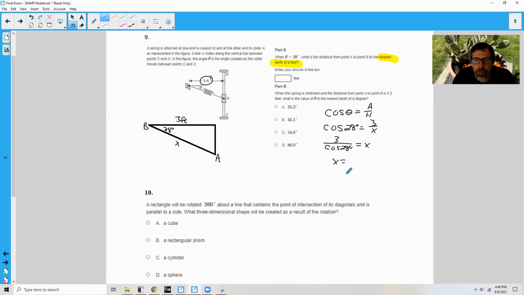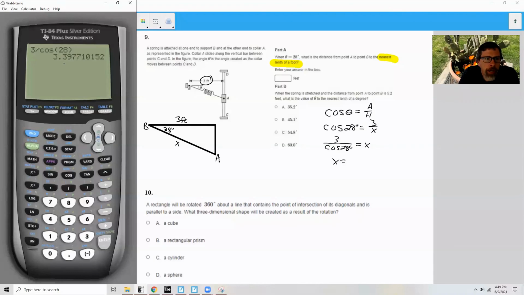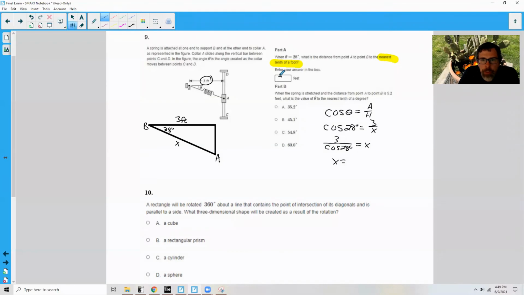Okay, that's correct. Just want to make sure. And 3.397 rounds to 3.4. So this is 3.4 feet.